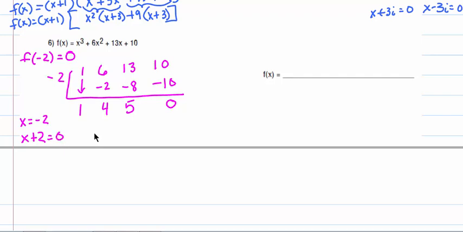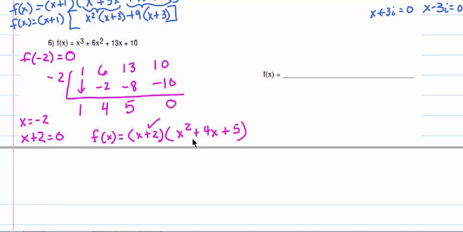Now I'm left with, for my polynomial, f of x is equal to x plus 2 times x squared plus 4x plus 5. Now I would need to factor this quadratic equation in here. Well, do I have factors of 5 that when they're both positive are going to add up to 4?